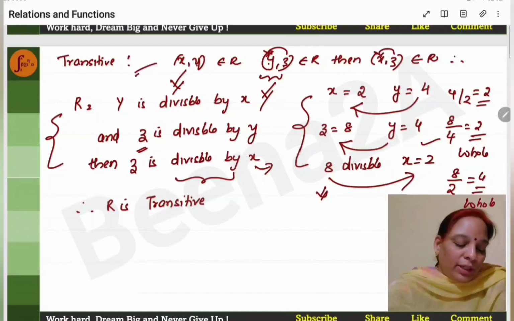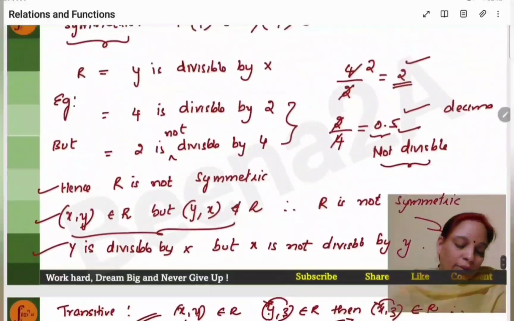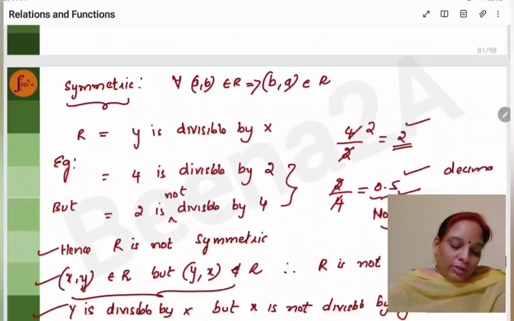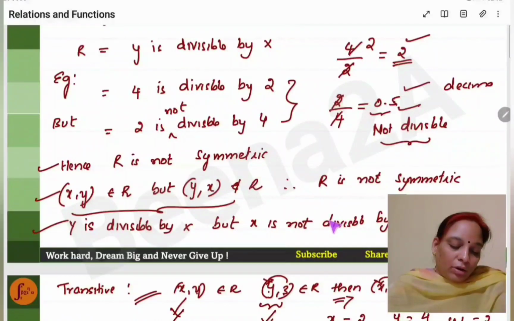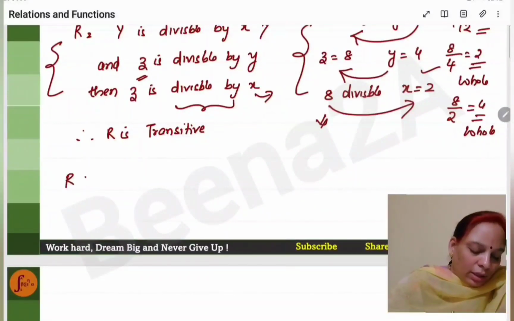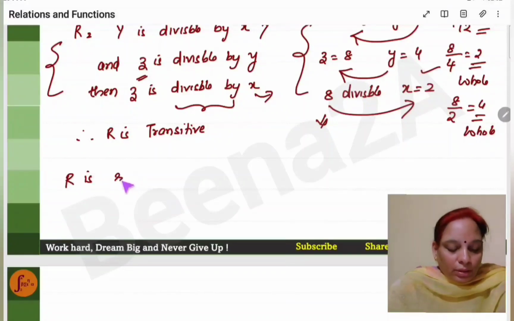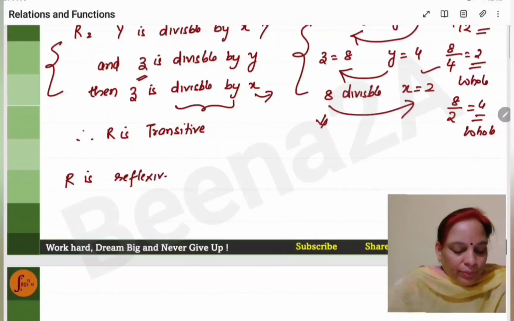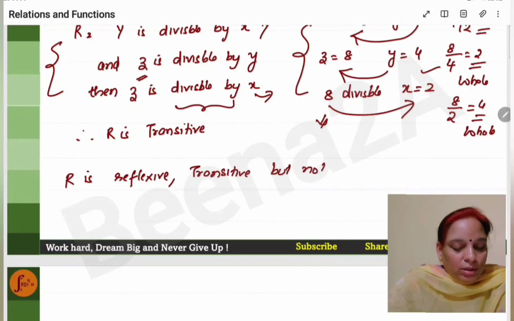You can simply write this particular statement. So here in this particular example, R is reflexive, R is not symmetric, but R is transitive. So you should write R is reflexive, transitive, but not symmetric.